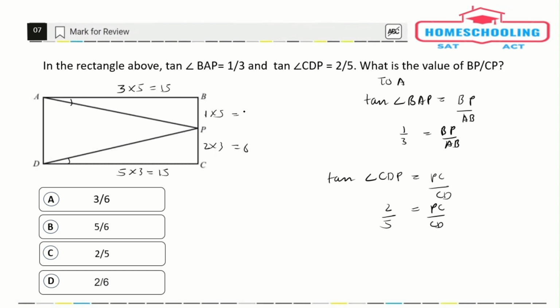So this is going to be 6 and this is going to be 5. In the question we have to find the value of BP by CP. So BP would be 5 and CP is 6. So our answer would be 5 by 6.